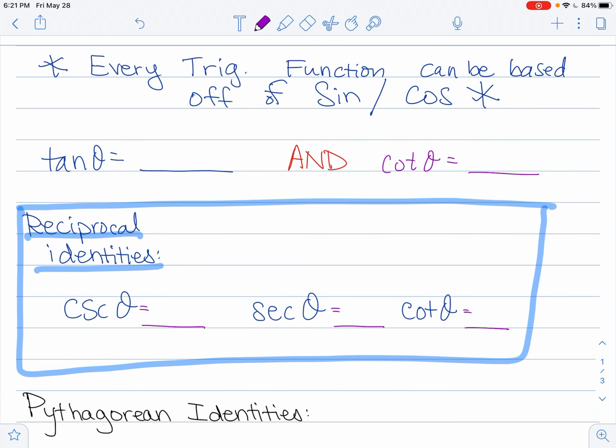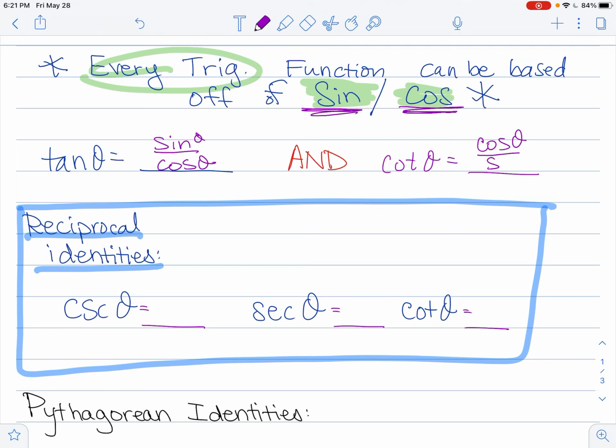So every trig function can be based off of sine and cosine. This is really critical that you know that. Literally, every trig function can be based off of sine and cosine. We saw that in tangent, which is sine divided by cosine. If tangent is sine over cosine, cotangent is just the reciprocal of that, cosine over sine.